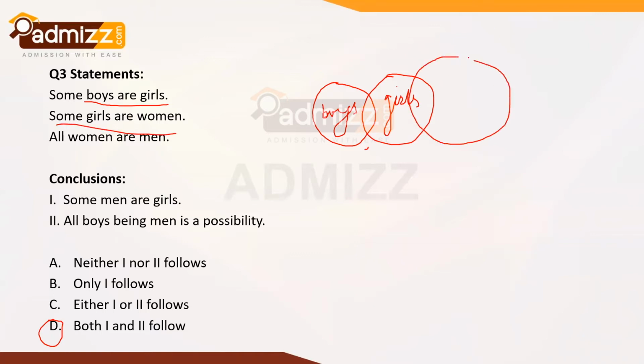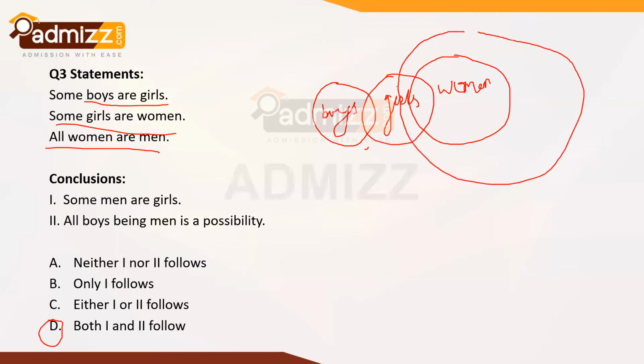So we've got another set of women. And what also follows is all women are men, right? So women is encapsulated within the set of men, from this last statement.